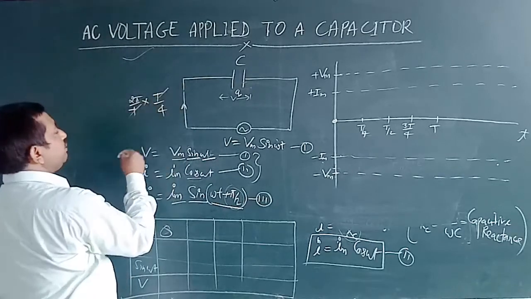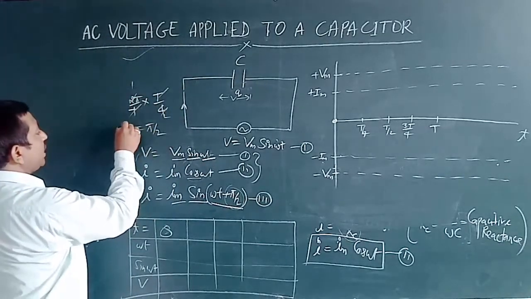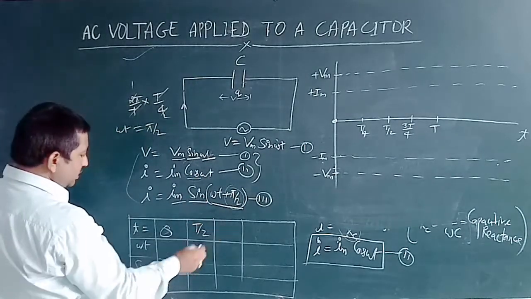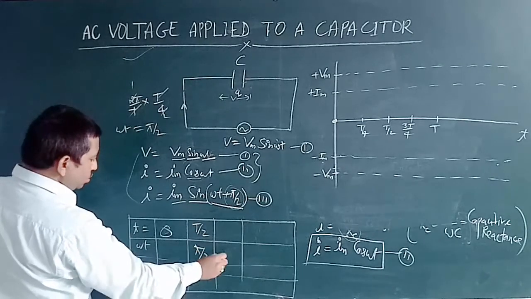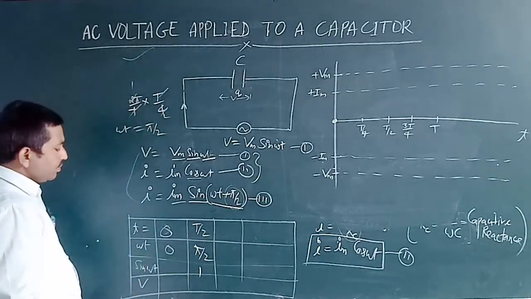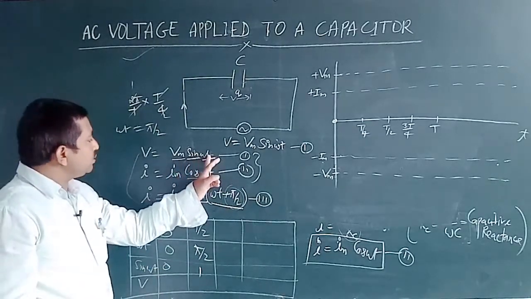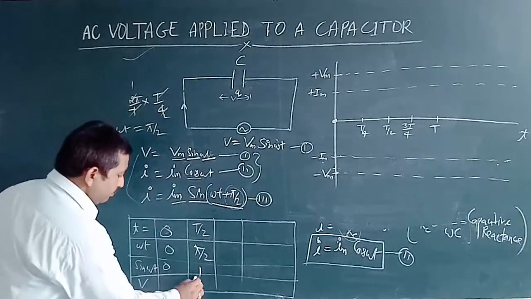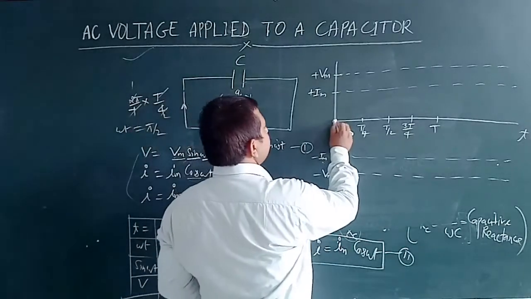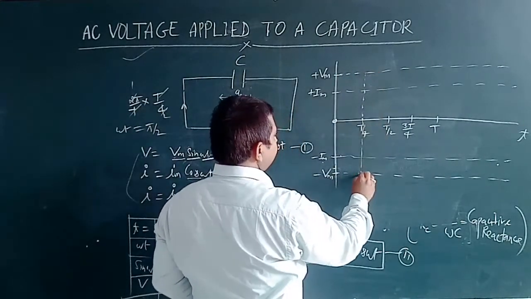It means t and t will cancel each other, 2 and 2 to 4, so omega t becomes pi by 2. Sin pi by 2 is equal to 1, so V becomes Vm. At that time the value of the potential becomes maximum, that is plus Vm.